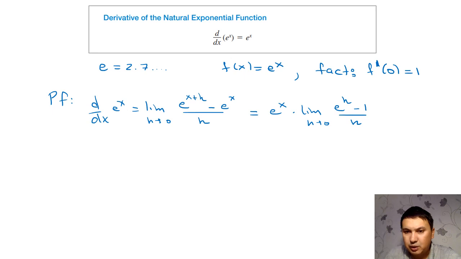However, what is 1? 1 is nothing but e to the 0. So the last term is nothing but the derivative of e to the x at 0, right? So this is f prime of 0. But we assume that we know it is equal to 1. That's why this is e to the x. So the derivative of e to the x is e to the x itself.